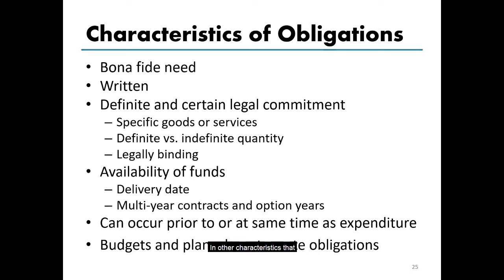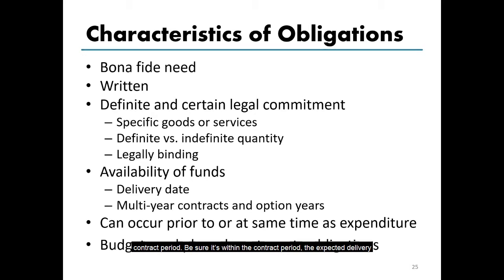And other characteristics, it's something that's legally binding. Also, keep in mind the delivery date, or as far as your contract period, make sure the expected delivery date is within the contract period.